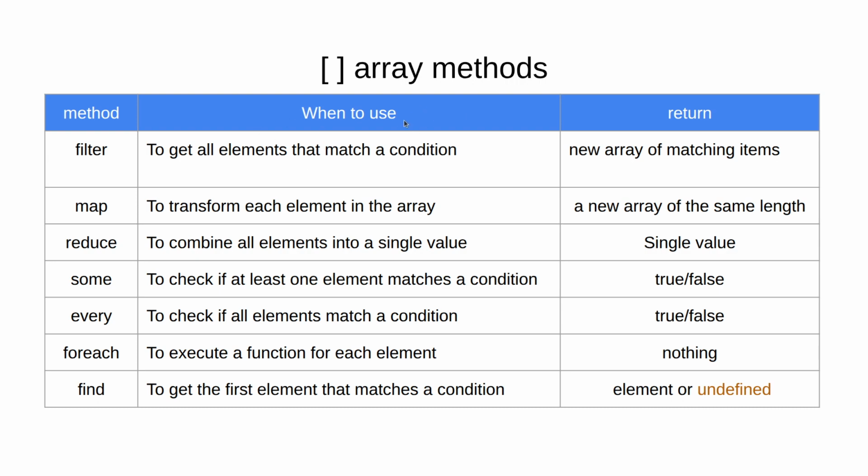So in array methods, we learned these methods: filter, map, reduce, some, every, forEach, and find. There are other methods also, like sort, sorting the items inside the array, and slice, which will slice our array. We can learn them easily, but the most useful methods are these.